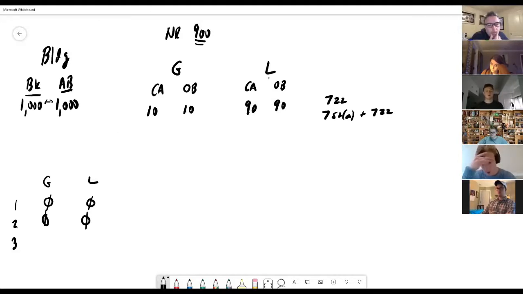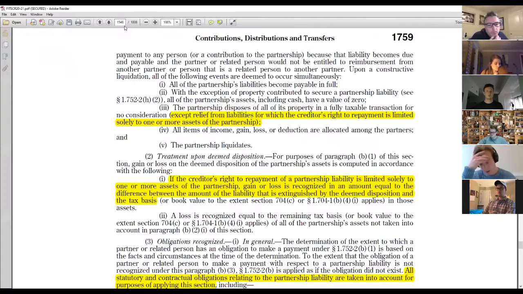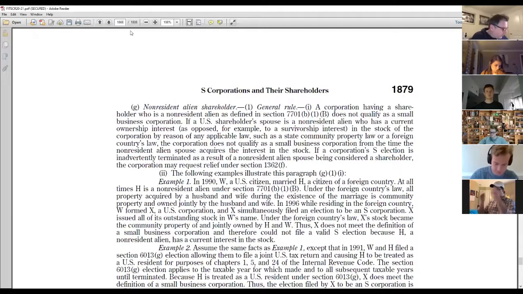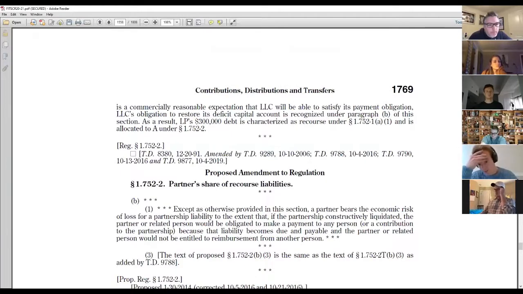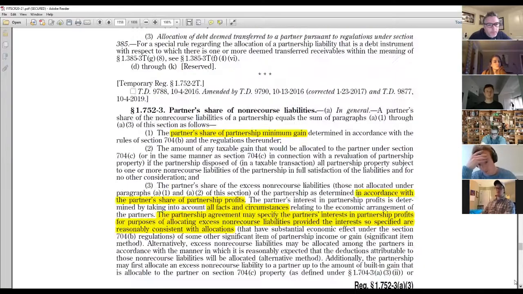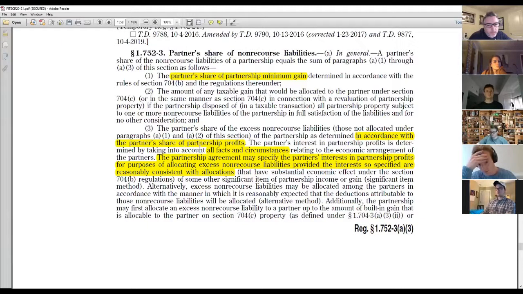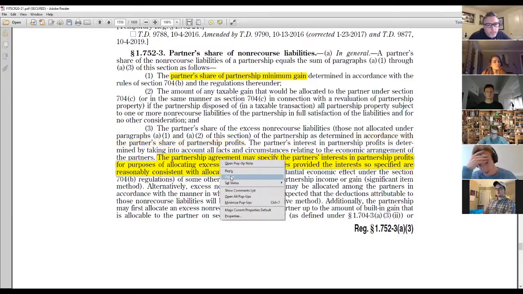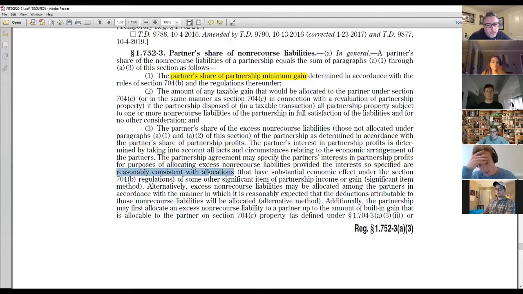Let's go back to that reg. This is the -3 reg. So the only question here is whether the specification is reasonably consistent with allocations of some other significant item of partnership income or gain.